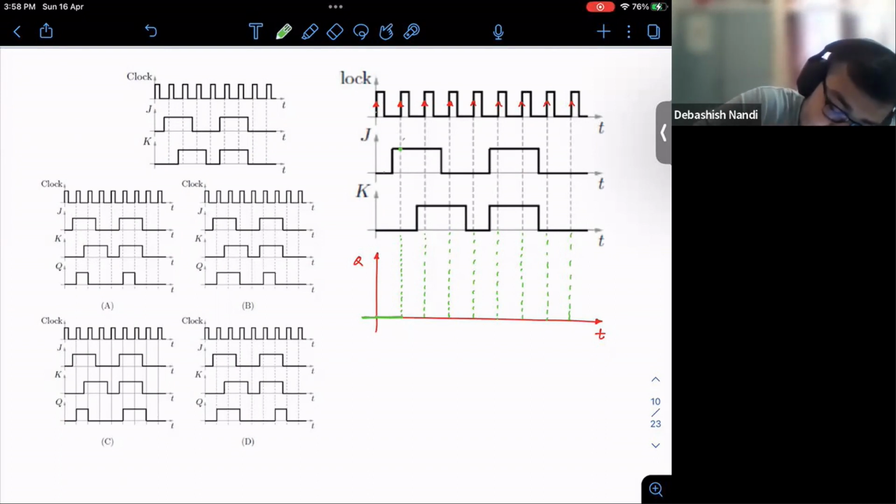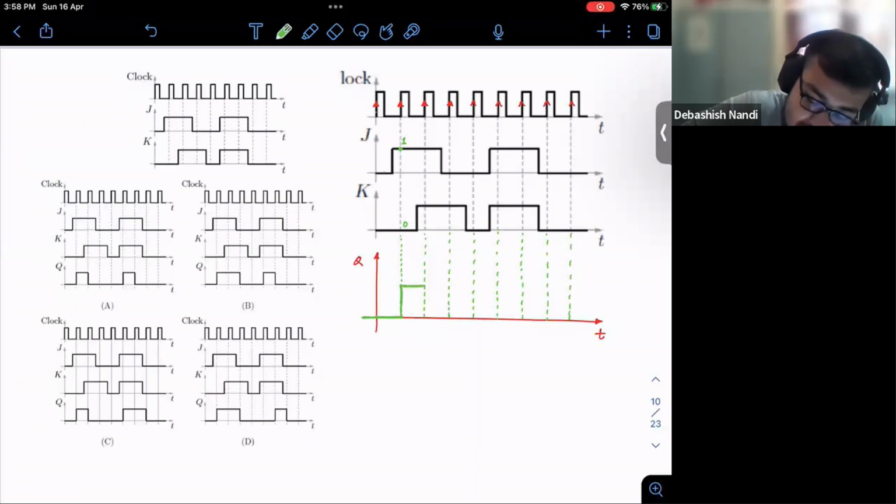I see my J is 1 and K is 0, right? So it will switch from 0 to 1, till next positive edge.